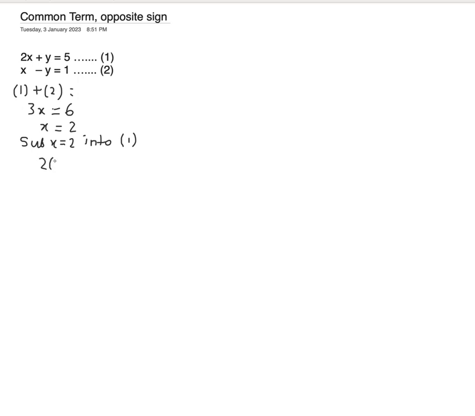So I have 2 times the value of x plus y equals 5. And that works out to be y equals 1. So my solution is x is 2 and y is 1.